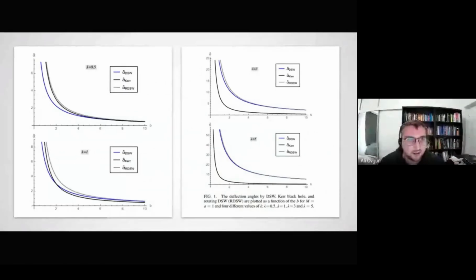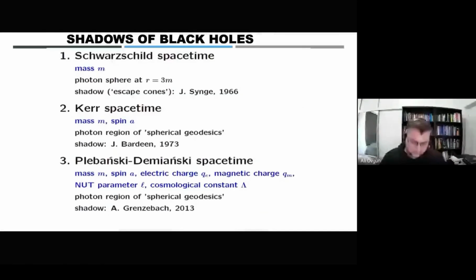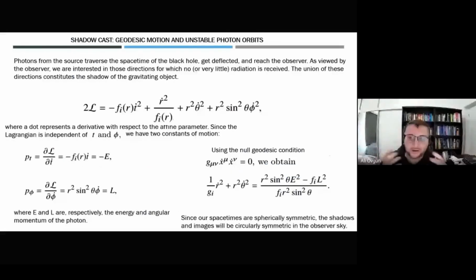After that, I also worked on the shadow of black holes, which was first studied by Synge and then Bardeen for curved spacetime, and there are different examples in the literature. For a black hole, we consider photons coming from the black hole, predicting how these photons act around certain types of black holes and black hole mimickers.